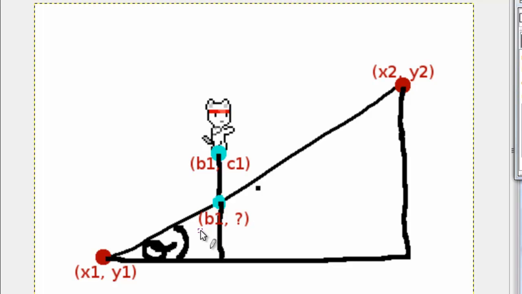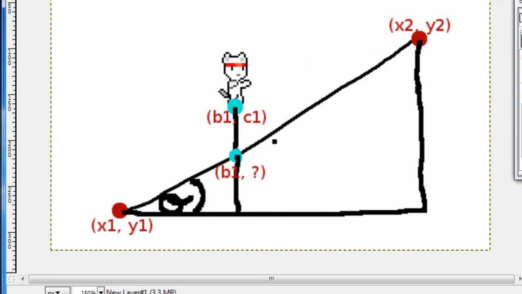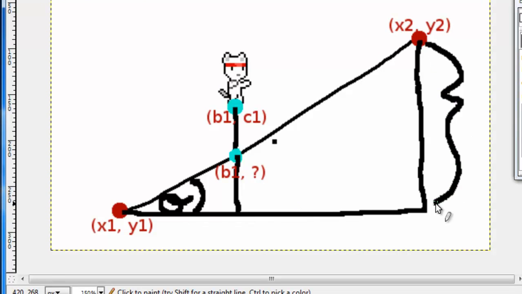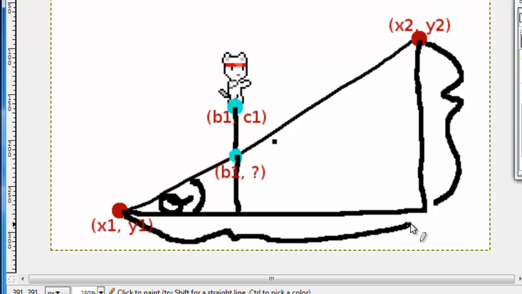No, sorry. So tangent. Opposite, right. So what we're going to do is, we know this, right? We know that, and we know the length of this. The length of this is nothing but y2 minus y1.